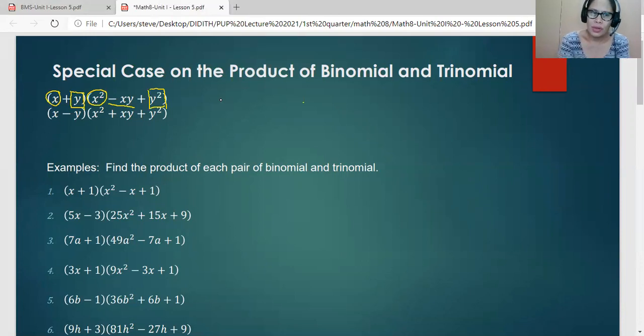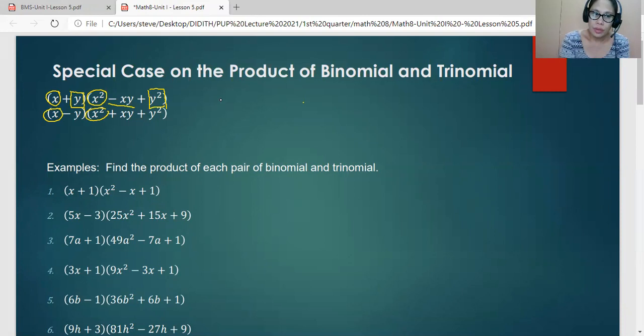So let's consider these two factors. Again, we have a binomial factor here and a trinomial factor. The first term of the binomial factor is the square here of the first term of this trinomial factor.